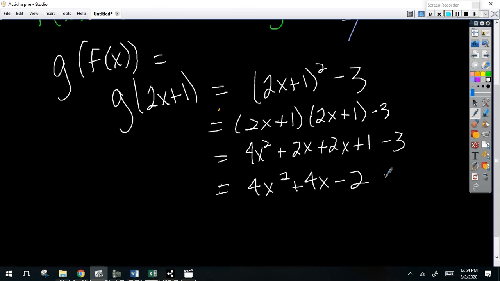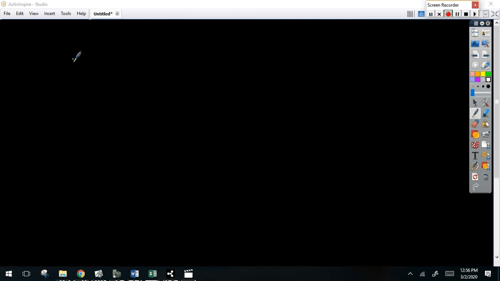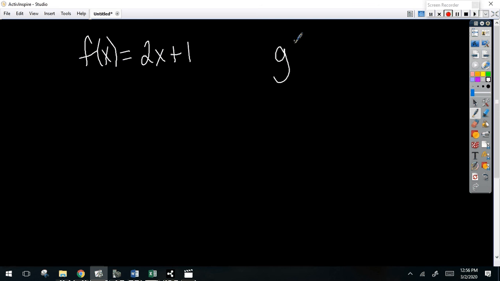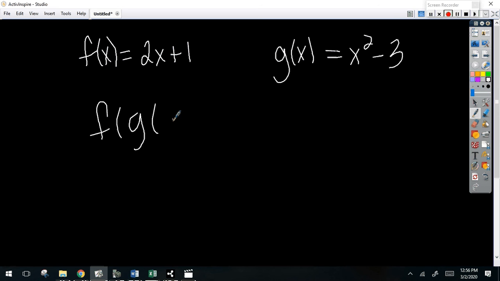Okay, one more. Let's see if you can get this one. Use that same f and g. What was f again? 2x plus 1. And what was g? X squared minus 3. What do you think you do?